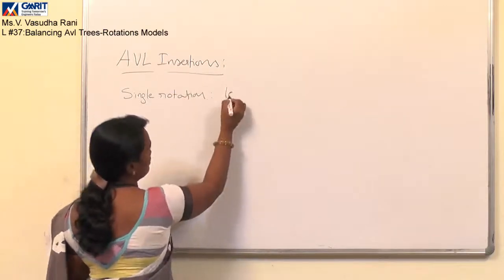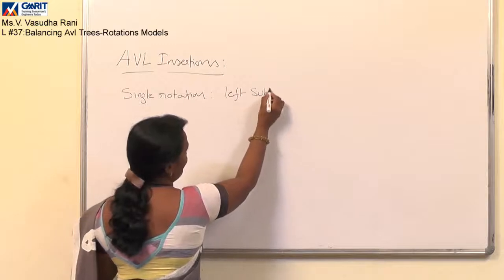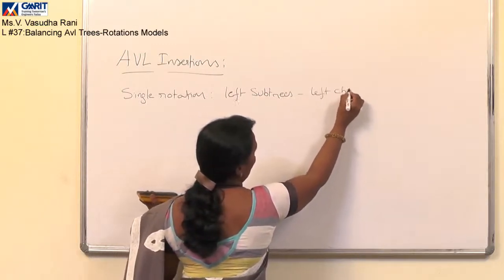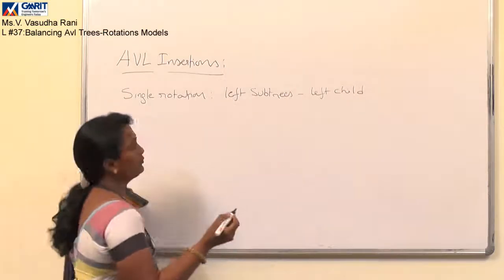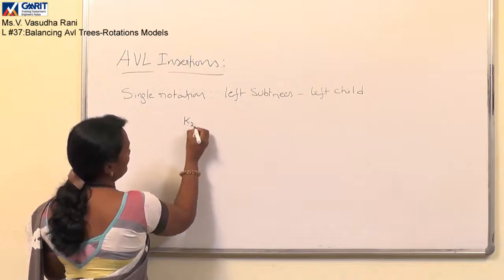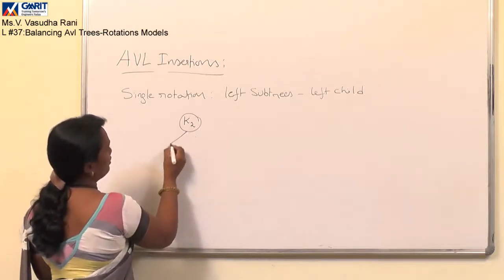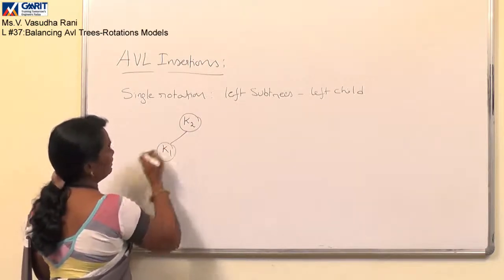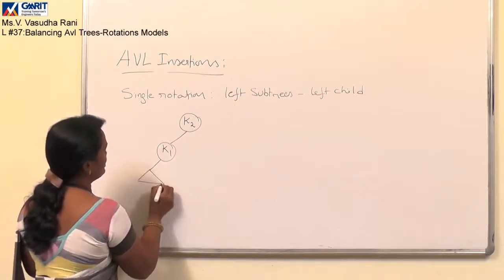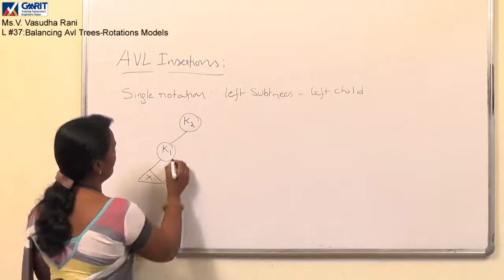Single rotation, left subtree's left child. Something like K2, with K1 as its left subtree, its left child.